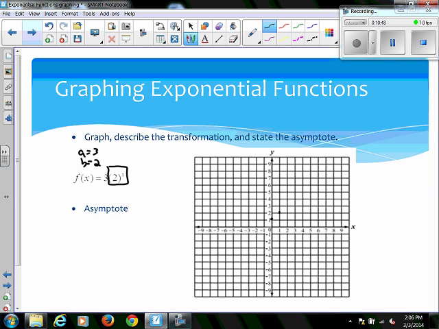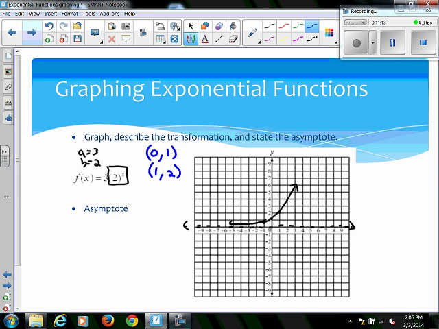Here we have exponential growth, because b is greater than 1. I have no transformation yet, so my asymptote's y equals 0. So far we have 0, 1, 1, 2, negative 1, and 1/2.